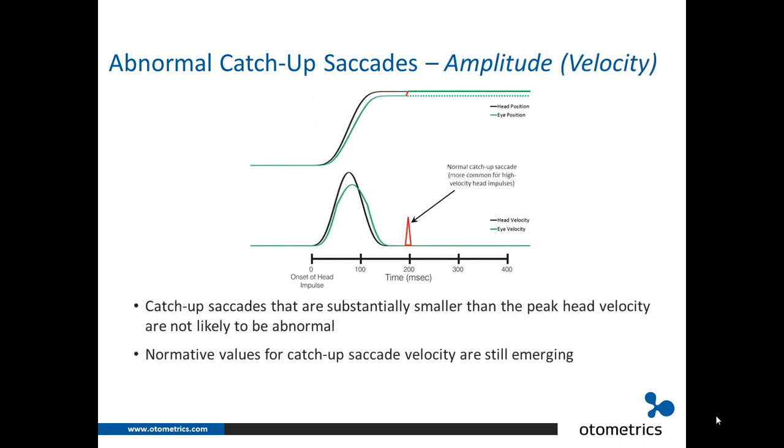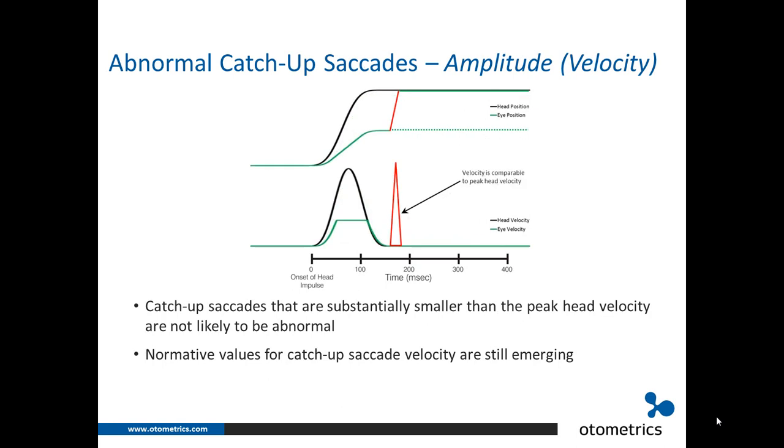As we have seen before, normal individuals can have catch-up saccades, especially during high-velocity head impulses. The velocity of these catch-up saccades, as you can see here, is usually much smaller than the peak head velocity because the difference between head and eye movements is usually small. On the other hand, the velocity of abnormal catch-up saccades is much larger, and it's usually comparable to the head velocity.